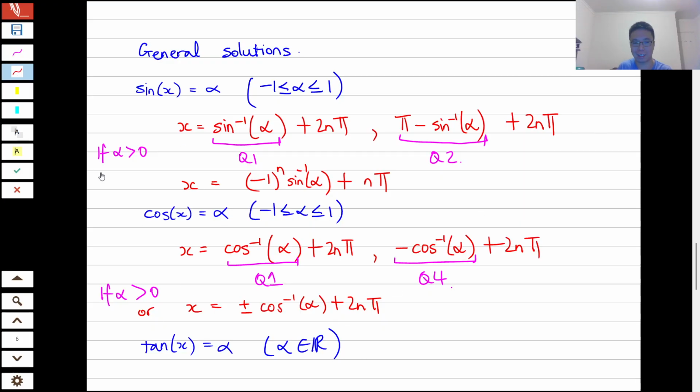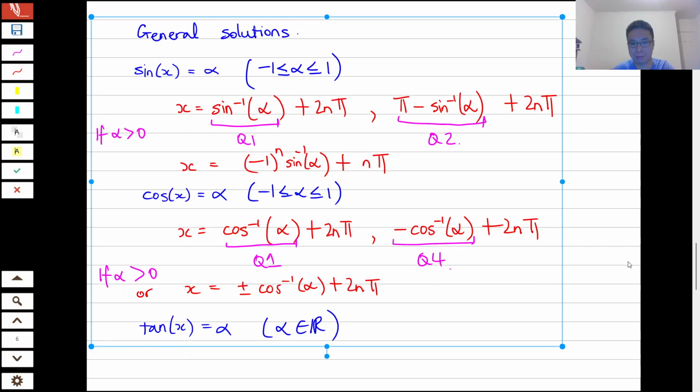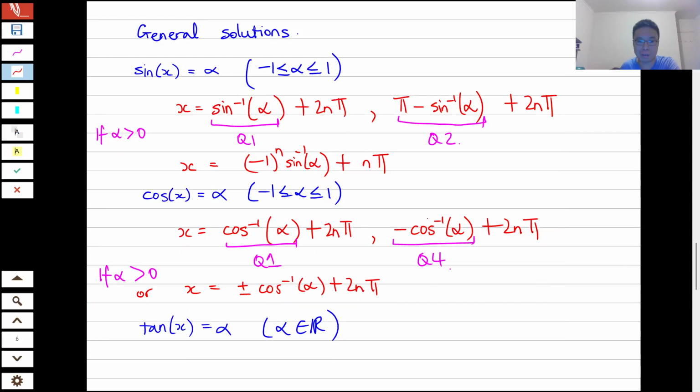Okay, last one. This has taken up more room than I was expecting, so I'll just move everything up. Okay, so tan is positive in the first quadrant and the third quadrant. So the way that we will take care of this is to say x is the inverse tan of alpha plus 2n pi.